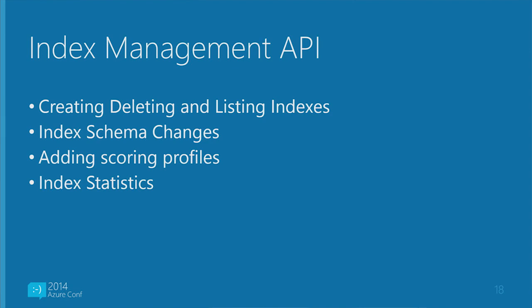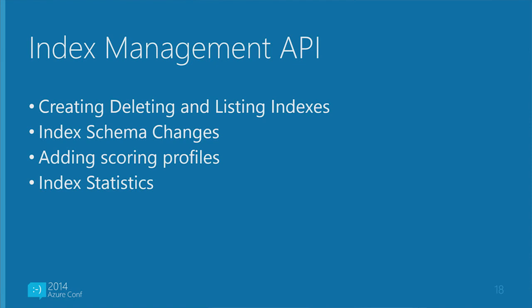Index management APIs allow us to create, delete, and update our indexes. By updating, I mean updating the schema, and then also adding scoring profiles is available through the management APIs. And you can also get index statistics through the management APIs.